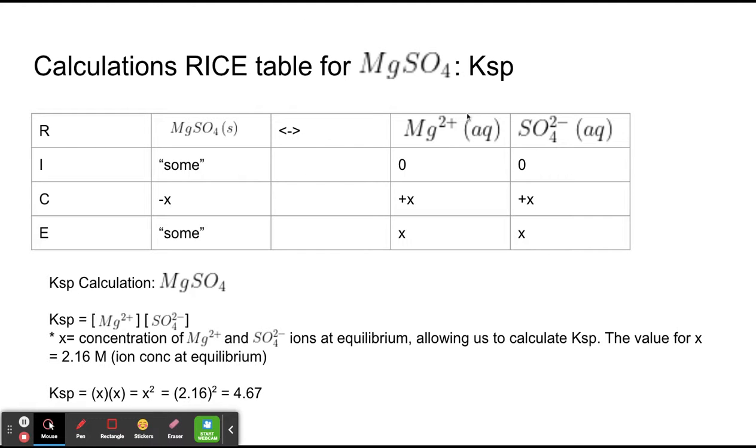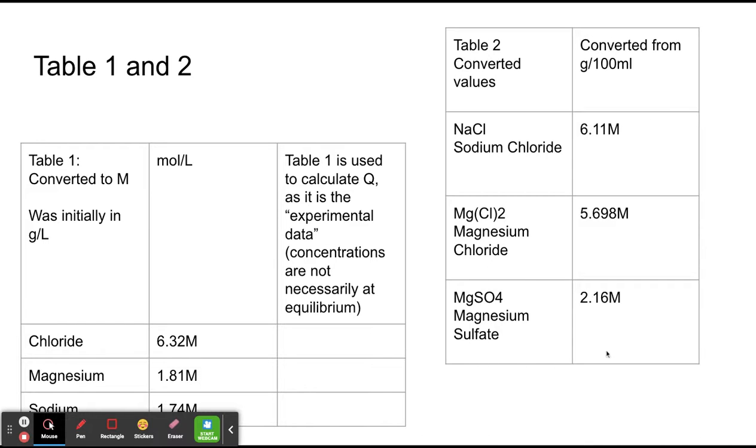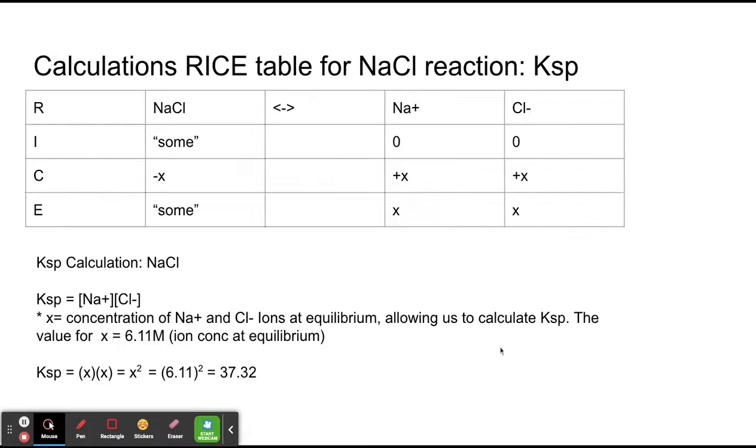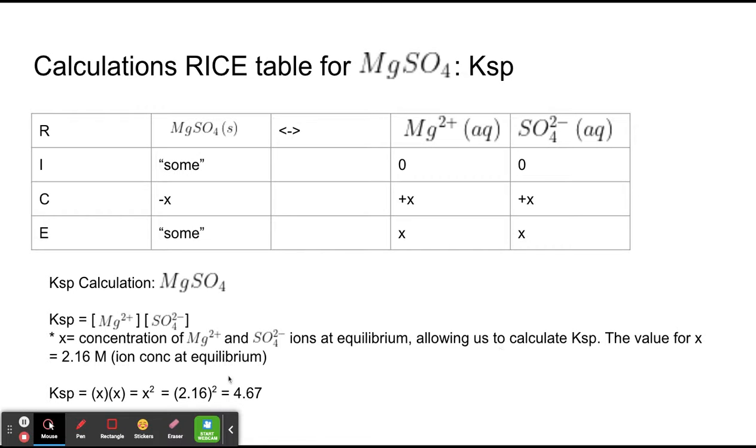Now the Ksp for magnesium sulfate, we start with initially none of the individual ones. And then since there's only 1 mole of each one, it's just a plus x on each of them. So the Ksp calculation, the concentrations of both of these is going to be x squared, and as we see in table 2, magnesium sulfate 2.16, 2.16 squared, x times x, 4.67.